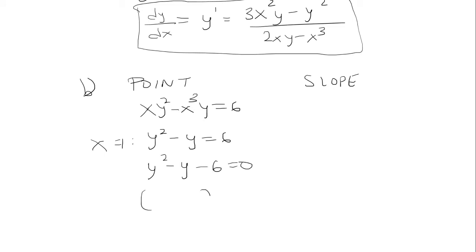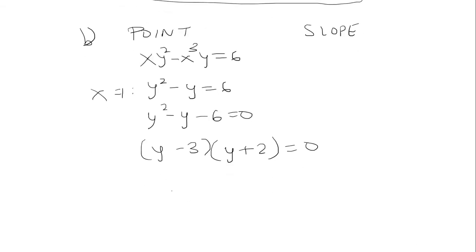And this can get factored. So it's y minus 3, y plus 2. So we get two answers for y. We get 3 and negative 2. So then the points become x equals 1, y equals 3, and x equals 1, y equals negative 2.